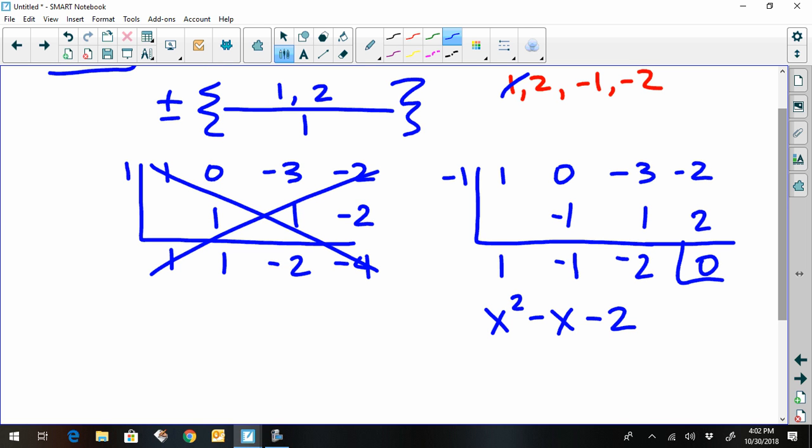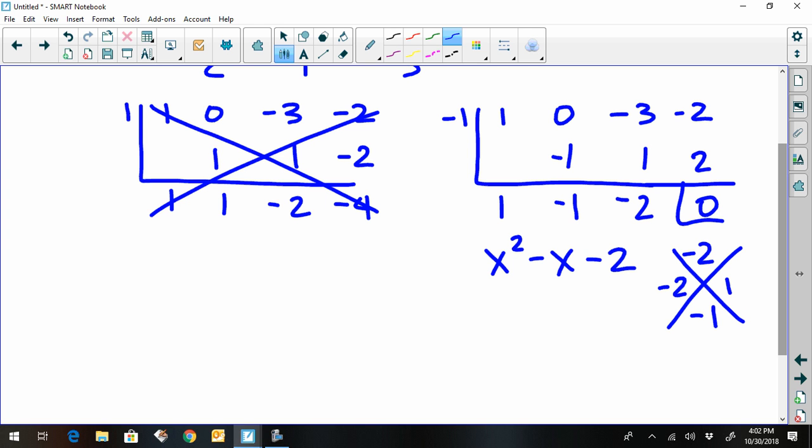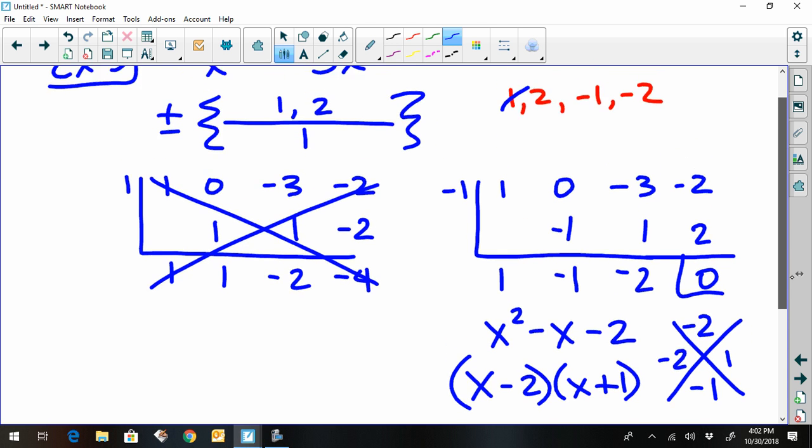Now for this one, I'm going to try to do a little RS action. So what multiplies to give me negative 2 and adds to give me negative 1? Let me think about that. Let's see, negative 2 and 1, perhaps? All right, so we have x minus 2 and x plus 1. Awesome. You can FOIL that out and check it. So we have this now in factored form. So let's go back.